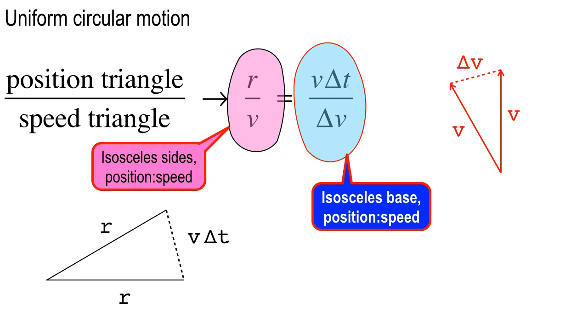Now, we could have done it flip-flop of that if we had wanted to. There's no preference there, but this one is comprehensible and it works out fairly nicely. So this is my main proportion here: r over v equals v delta t on top divided by delta v on the bottom.